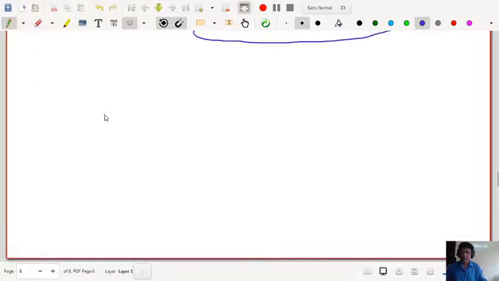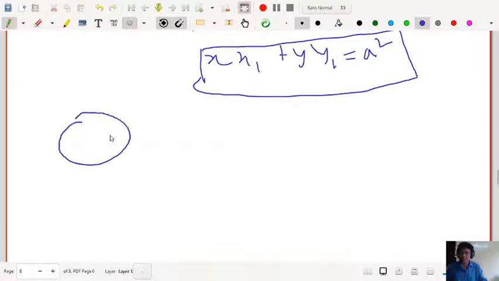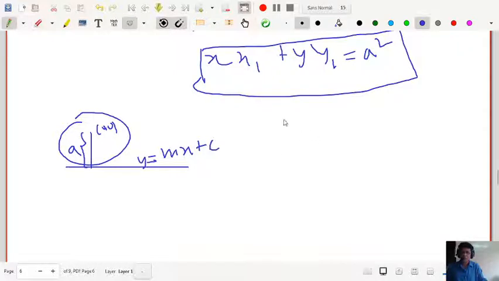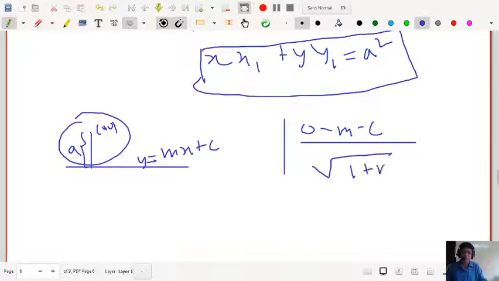Let me draw one second here. This is the circle, this is the origin, 0 0, and this is the tangent. This perpendicular distance is the radius. This is your y equal to mx plus c. So what is the perpendicular distance from the origin? It is |0 minus m minus c| by root over 1 plus m square, that is the perpendicular distance formula, and that should be equal to the radius of the circle.